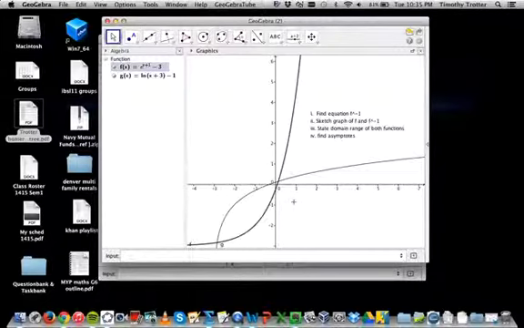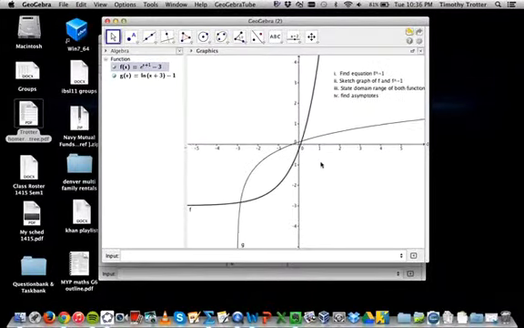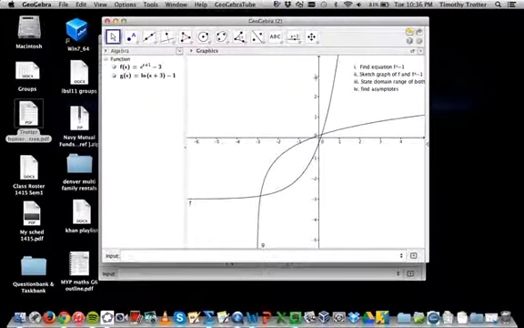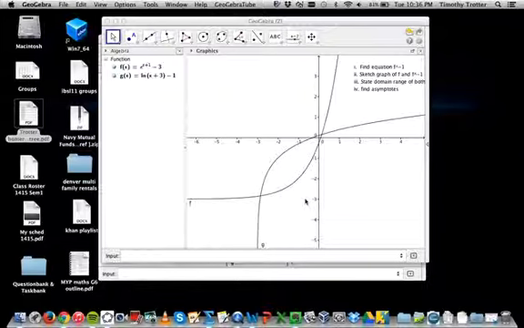The range: in the normal exponential function, it gets infinitely close to the x-axis, but never actually gets there. So now that we've translated it down 3, we can say the range is all y's greater than -3.